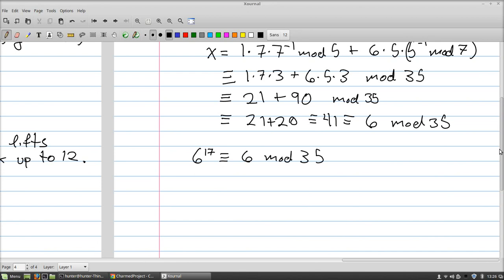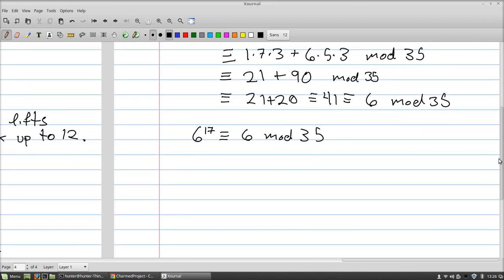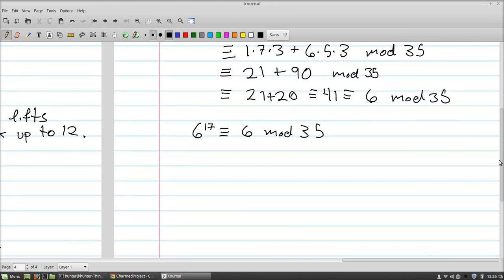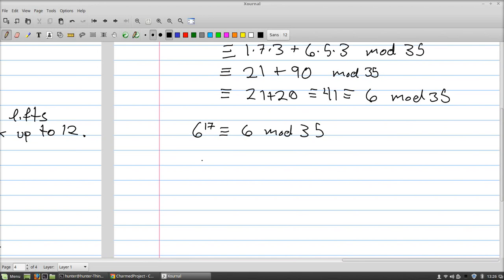So let's just confirm that that's true. So we have 6 squared is 1. Oh, this kind of explains it, right? So then 6 squared squared is 1, and then 6 squared squared squared is 1, and I'm just squaring each previous one.